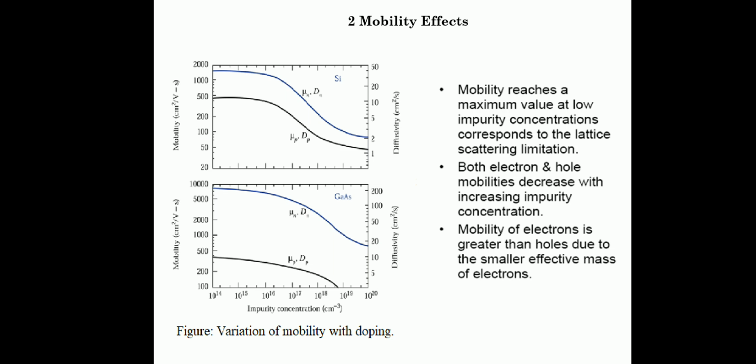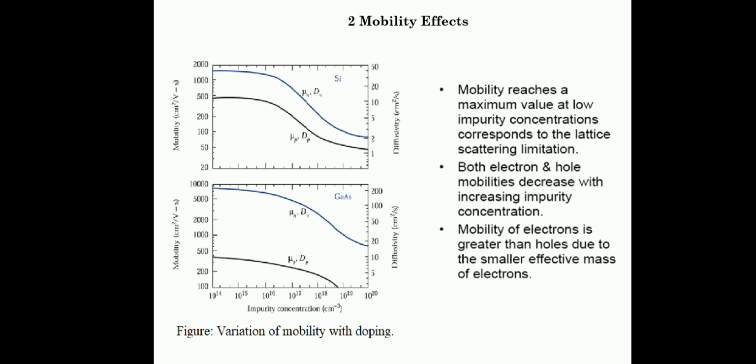The x-axis is the carrier concentration and the y-axis is the mobility. If you are increasing the carrier concentration, the mobility is decreasing. So at low impurity concentration, mobility reaches a maximum value, and if you increase the carrier concentration, this mobility decreases for both holes and electrons.